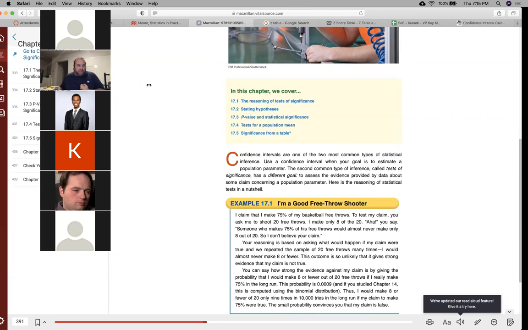So I'm going to take my sample, and from my sample, I'm going to try to determine how likely it was that I got the result that I did if the true P was really 0.75.